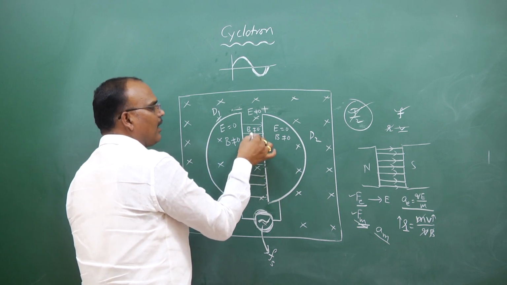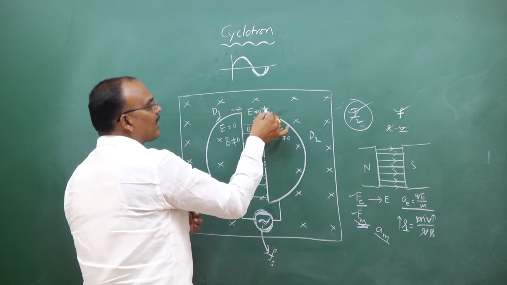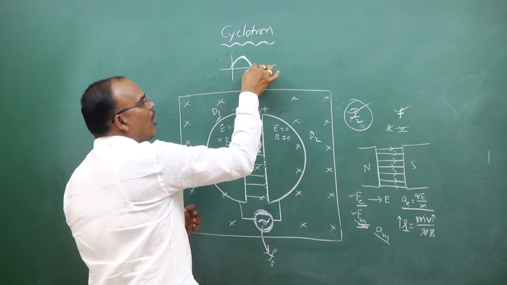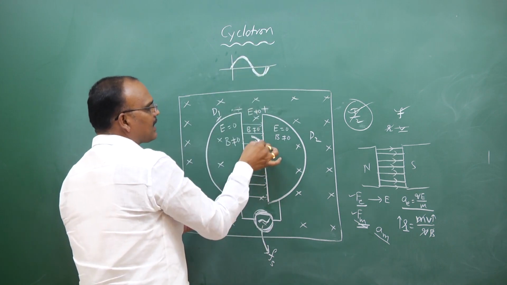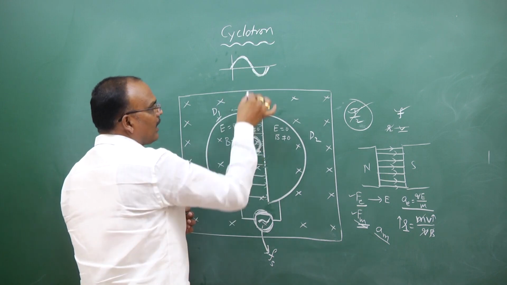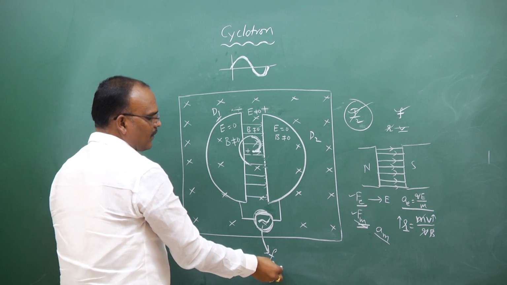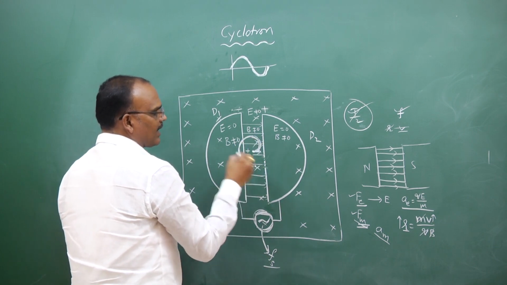When the charged particle completes half of the revolution, by that time the polarity of the D's reverses. That means it completes half of the cycle. It completes half cycle, it completes half revolution. It completes full revolution, it completes full oscillation. That means frequency of source is equal to frequency of the charged particle.